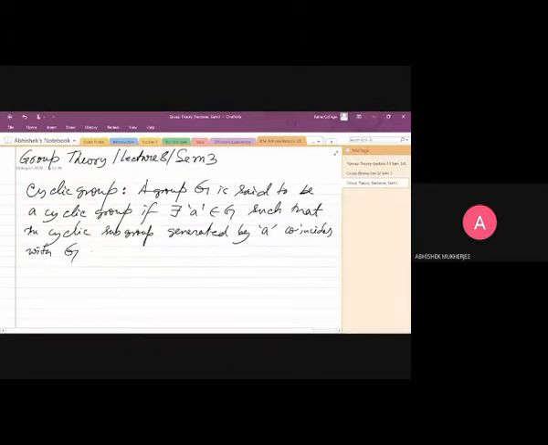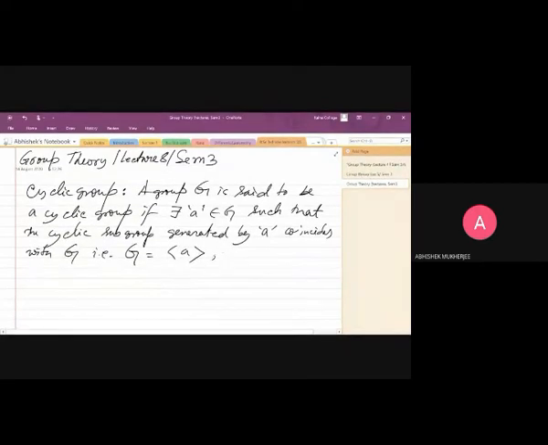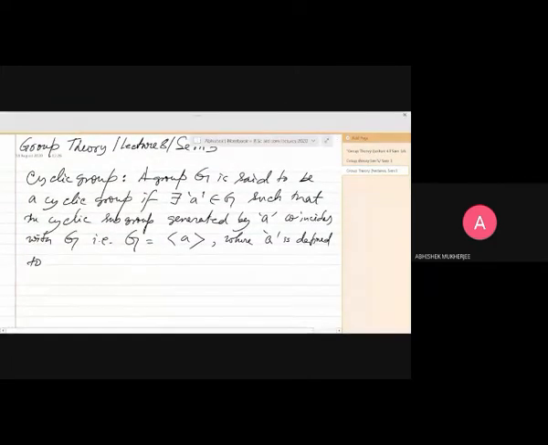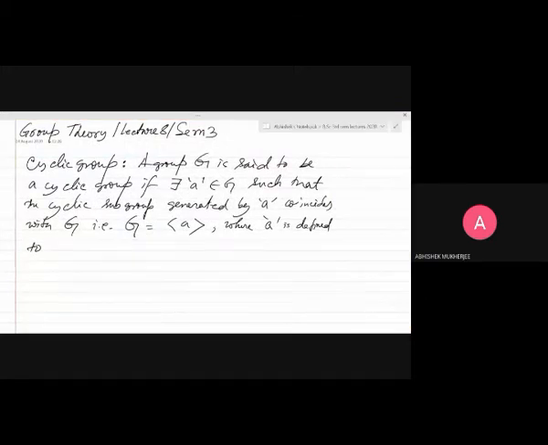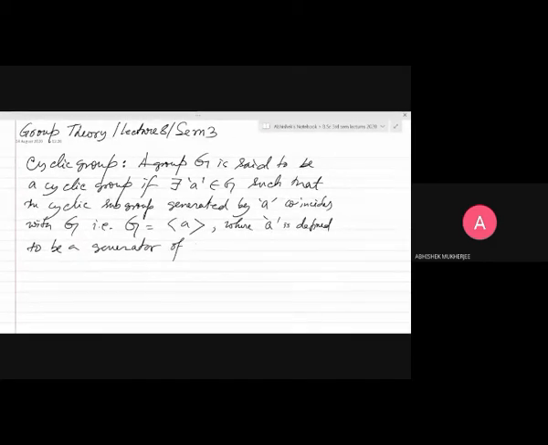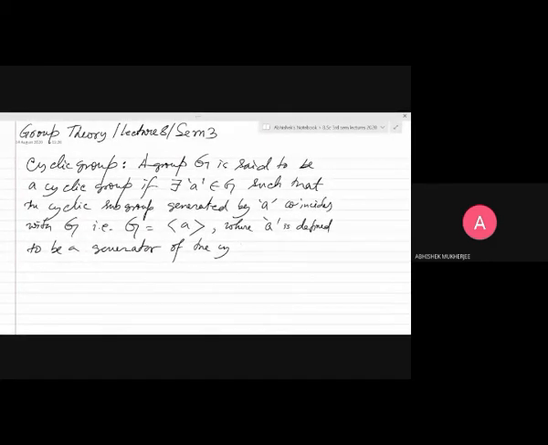coincides with G. That is, G is the cyclic subgroup generated by a, where a is defined to be a generator of the cyclic group.